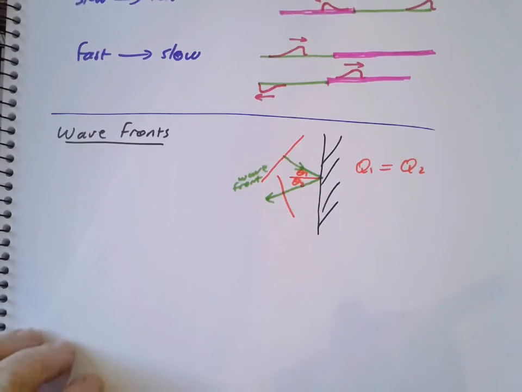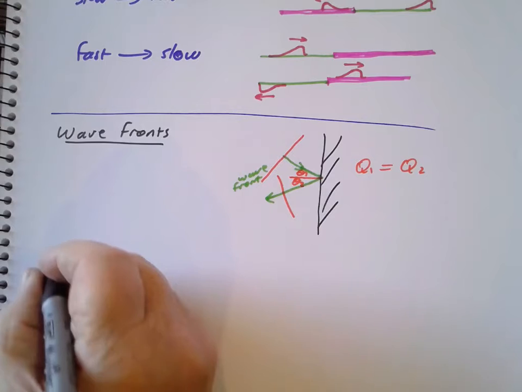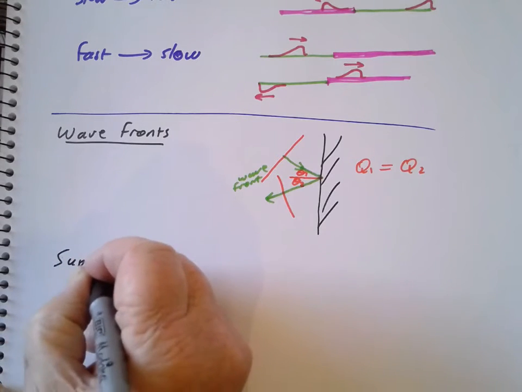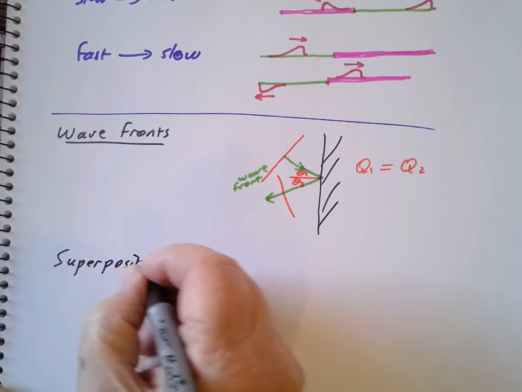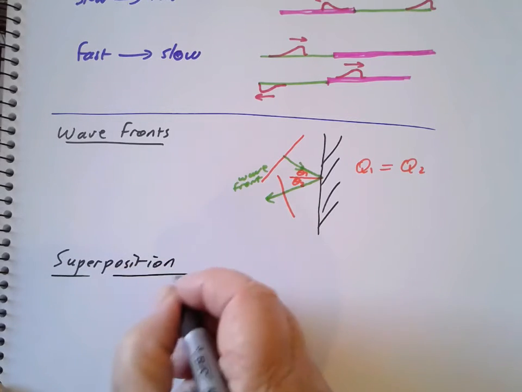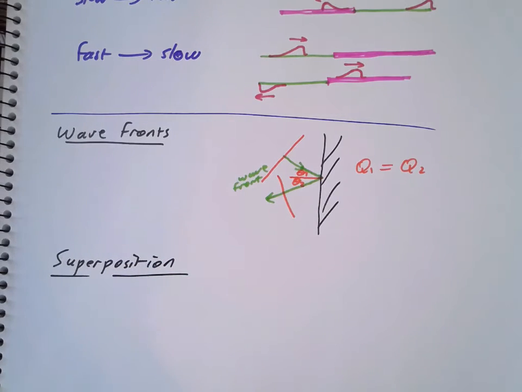A strange concept, and I'm not sure you've heard about in the past, is a thing called superposition. Superposition is really not complicated. It really is just the addition of wave amplitudes.